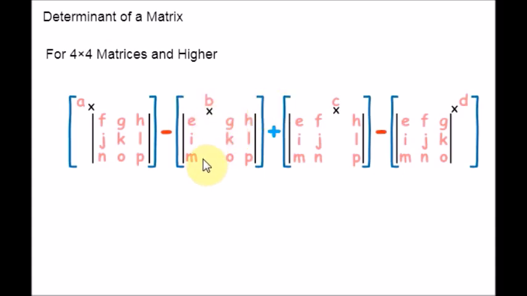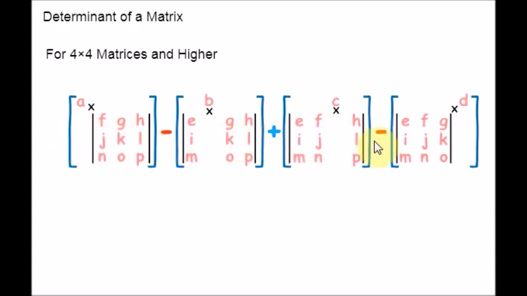You just have to ignore the values in that particular row and column and then do the 3 by 3 determinant. Same way, plus C times the determinant of the matrix not in C's row and column, and then a minus sign. Did you notice that the signs are changing alternately?